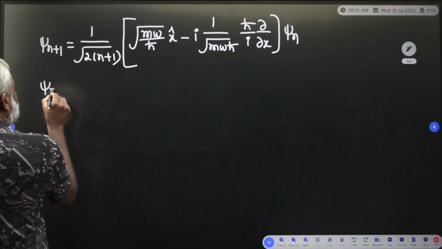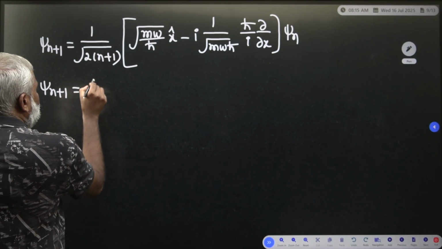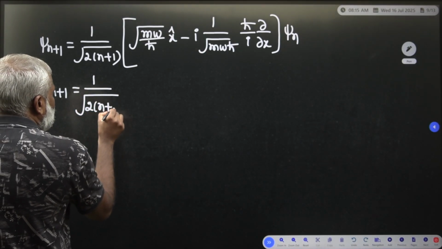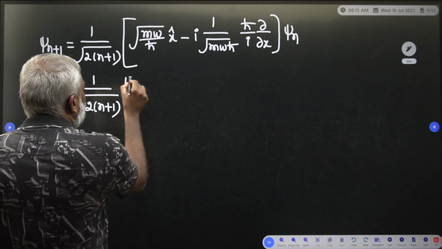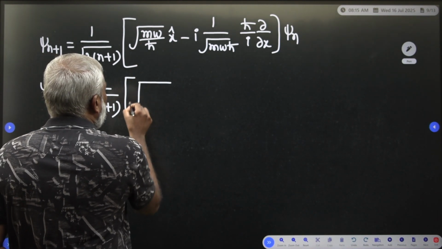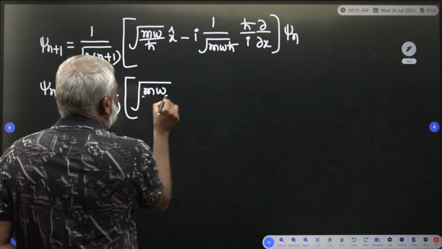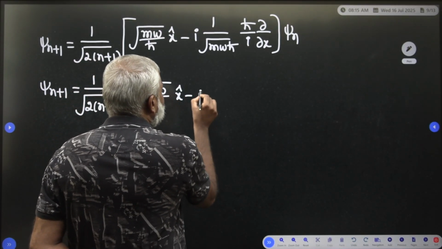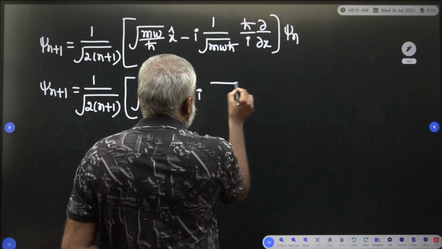So again I am rearranging the term. Psi n plus 1 is equal to 1 by square root of 2 into n plus 1, right. So square root of m omega divided by h cut into x cap minus i into, I have to rearrange this.